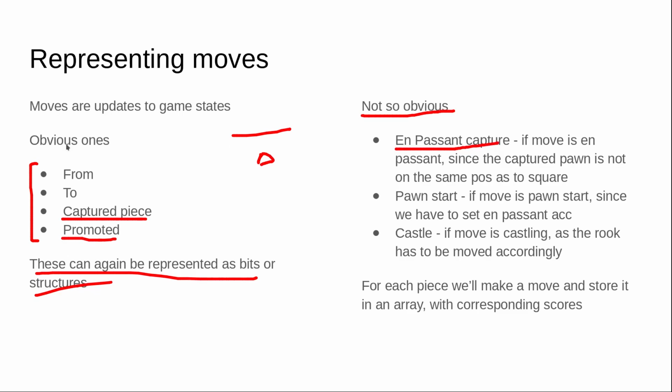Some not very obvious things are your en passant captures. If a move is an en passant capture, then the captured pawn is not on the same position as your to square.